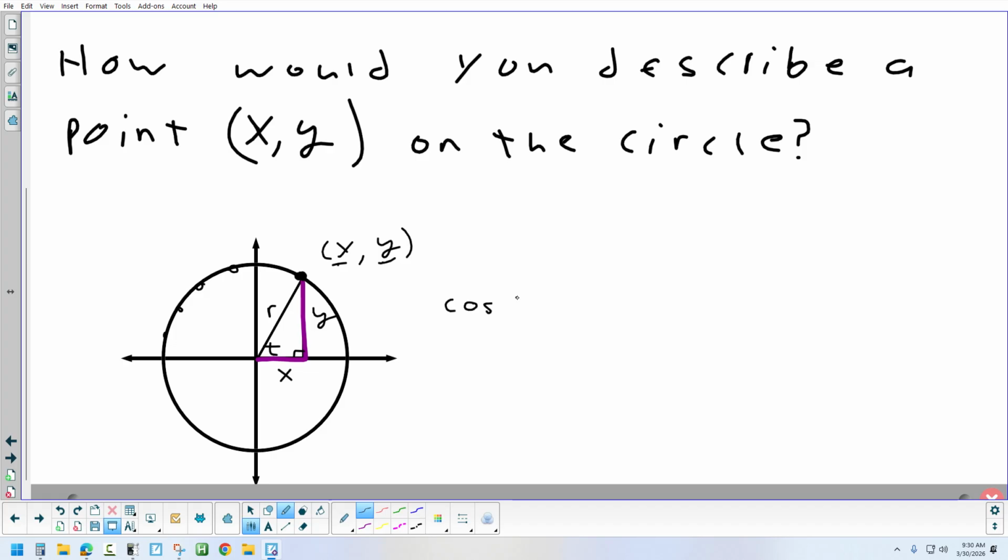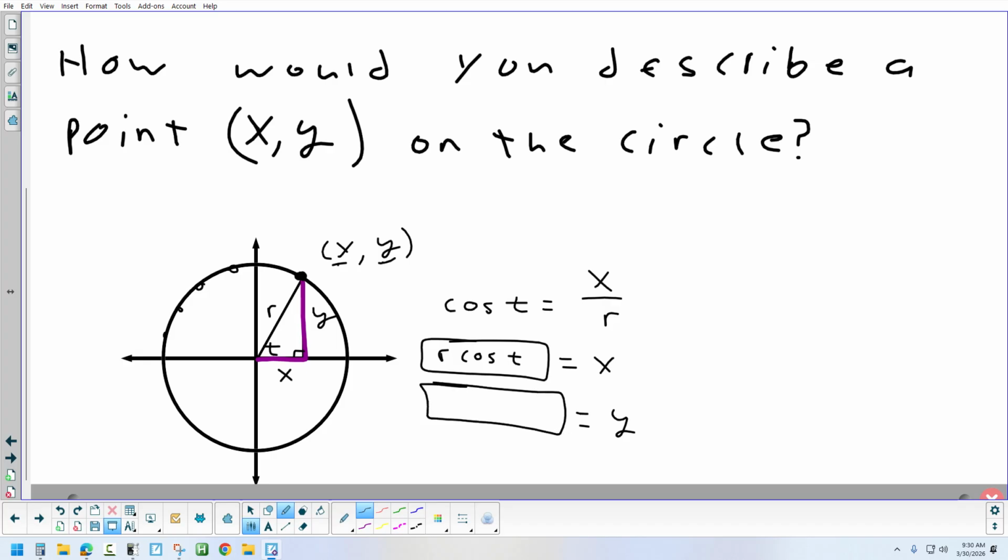And what would your formula be? Cosine t equals x over r, and solving for x, basically, would be r cosine t. And could someone give me what the formula would be for y? Yeah. R sine t.